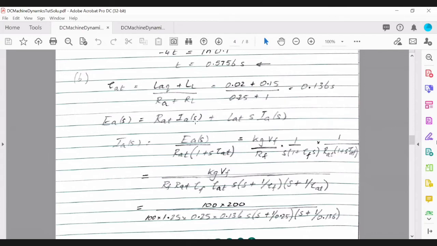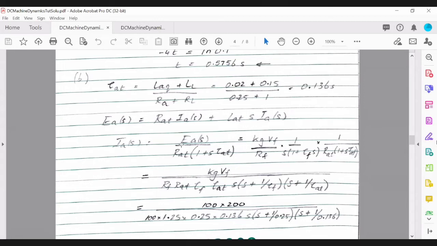So it's IAS times those two terms, RA and LAS, times IA. So making IA the subject of the formula and substituting, this is your expression for the current, right?